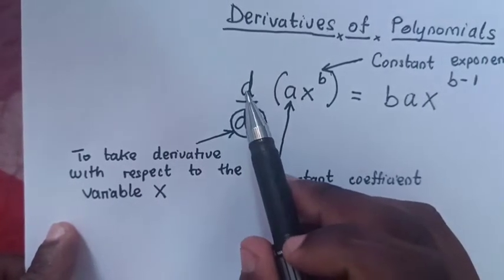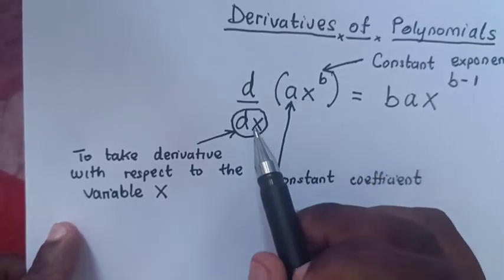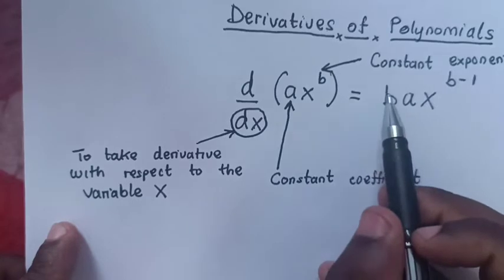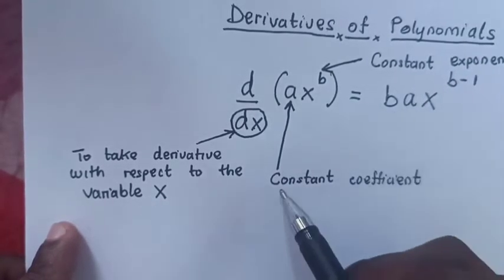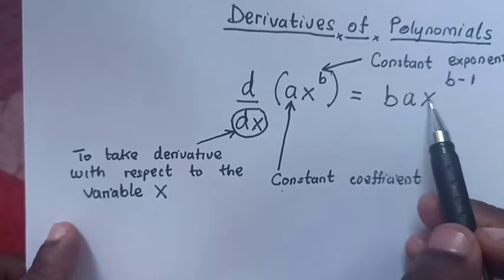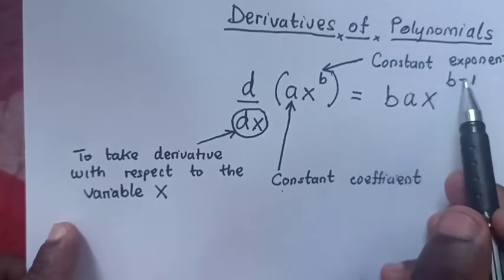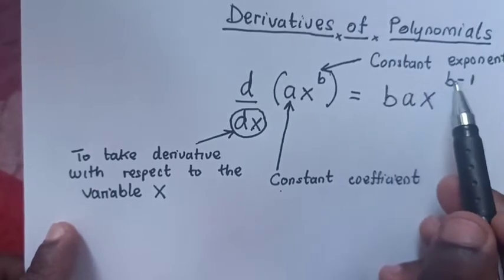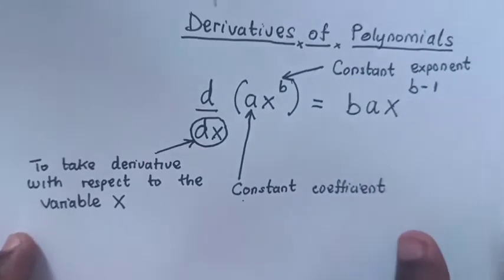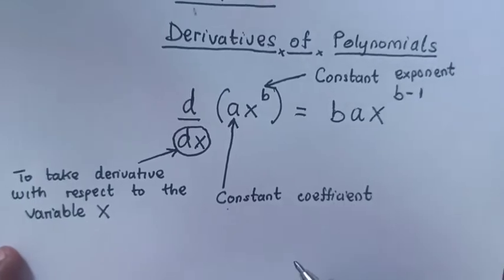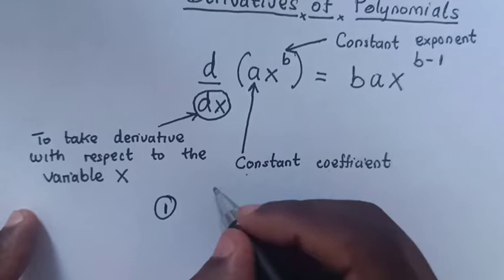So the derivative of ax to the power of b with respect to x is equal to b, the constant of exponent, times a, the constant of coefficient, times x to the power of b minus 1, where b is the constant of exponent. So this is the formula for derivatives of polynomials.